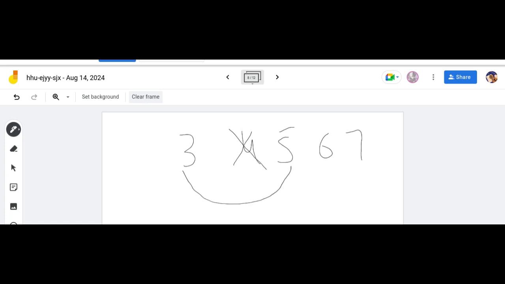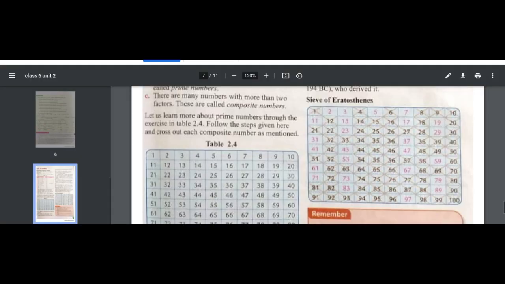So 5 is a twin of 7. Just like this. Any question? Nope. Okay, very good. I hope you understood.